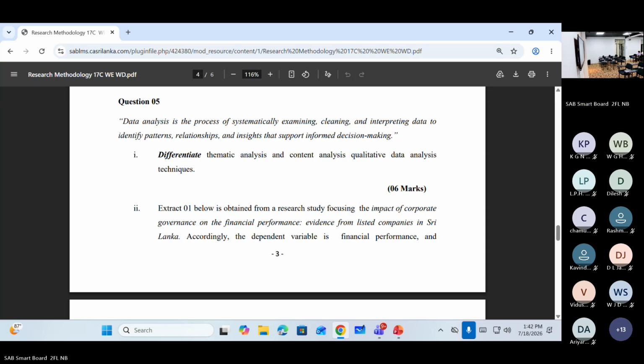A researcher conducts an analysis on corporate governance and risk management practices of listed companies in Sri Lanka.